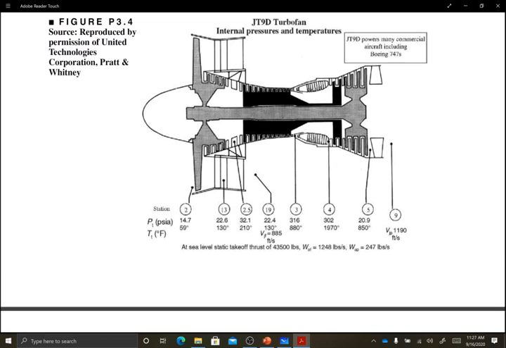Do we have the pressures or not? Those pressures increase in a pattern from 14.7 to 22.6 and so on.